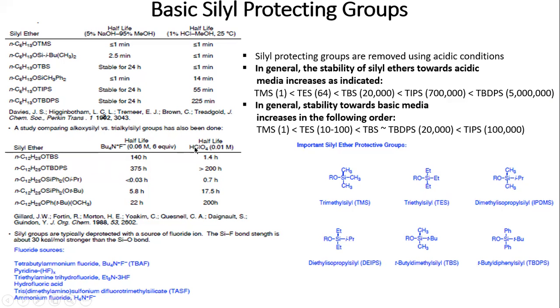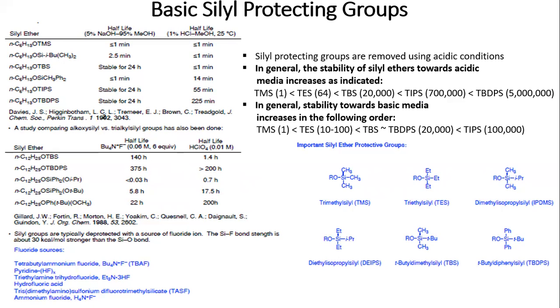And then you can look over here in hydrochloric acid, 1.4 hours for TBS, and the half-life is greater than 200 hours for the TBDPS. So these are really good protecting groups. And again, when you're doing a total synthesis, you have to strategize about your protecting groups, because sometimes you may want one alcohol to be exposed while the other one is protected.